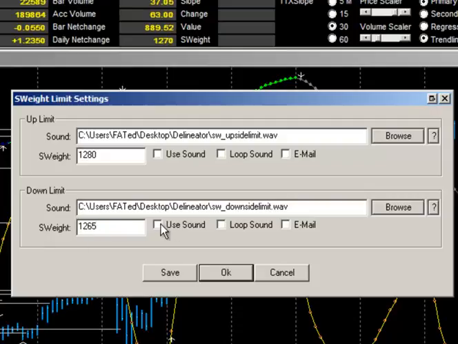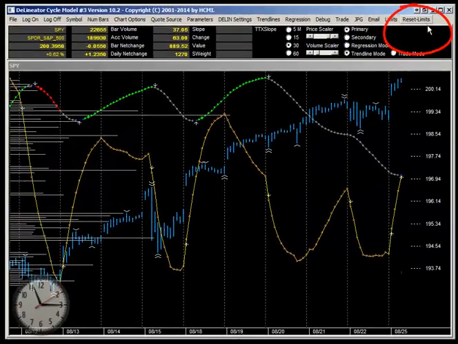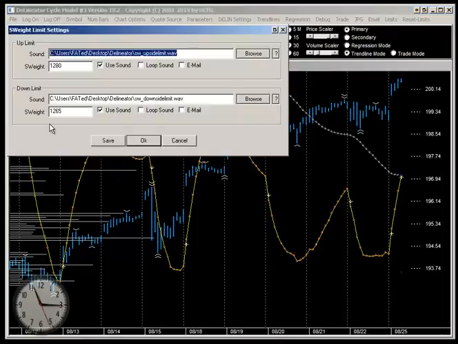So we'll put in our numbers, click use sound, hit save, hit reset limits, and now those limits are set. Downside limit achieved. And there we have our limit alarm that went off because signal weight dropped below the number specified at 1265.